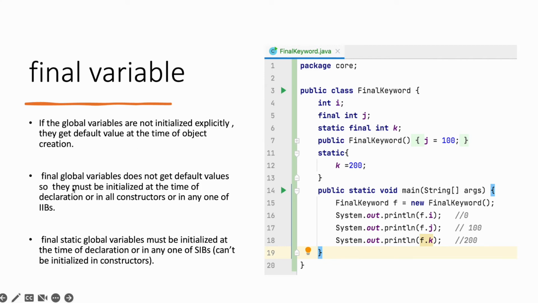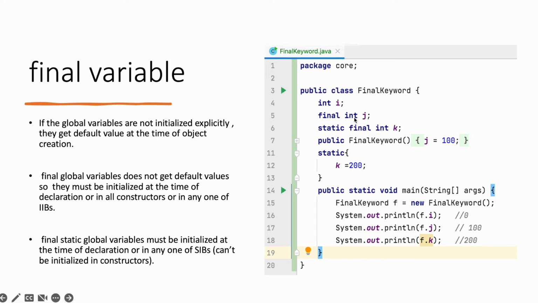In the second point, final global variables do not get default values, so they must be initialized at the time of declaration, or in all constructors, or in any one of the instance initializer blocks. In our example, we have declared final int j.